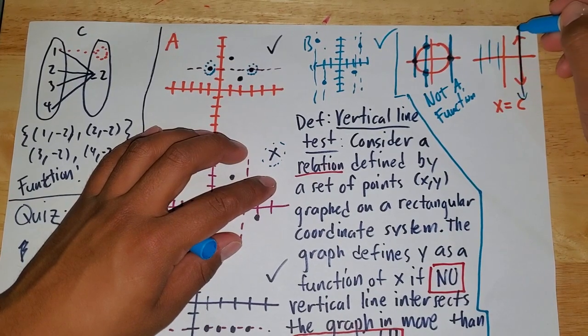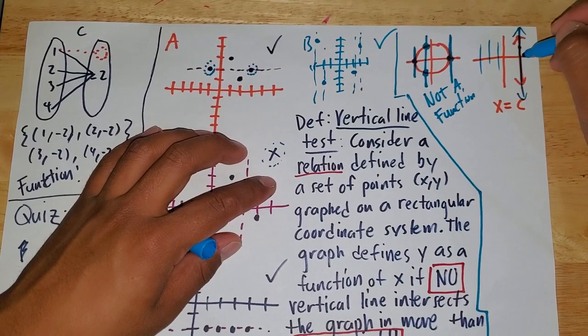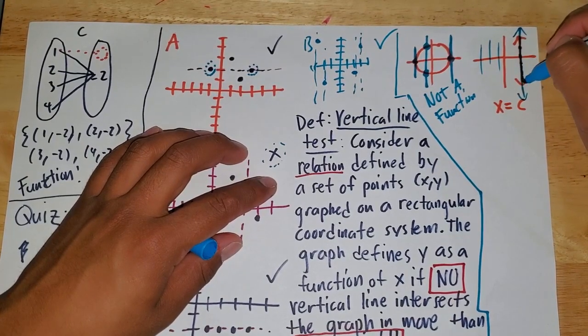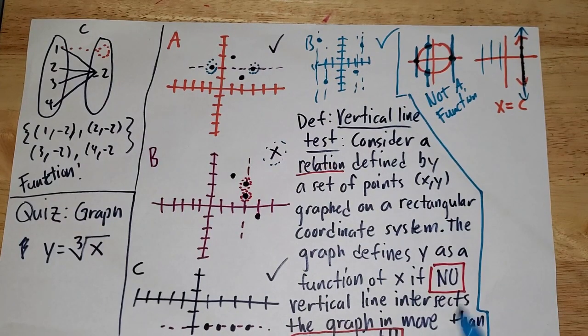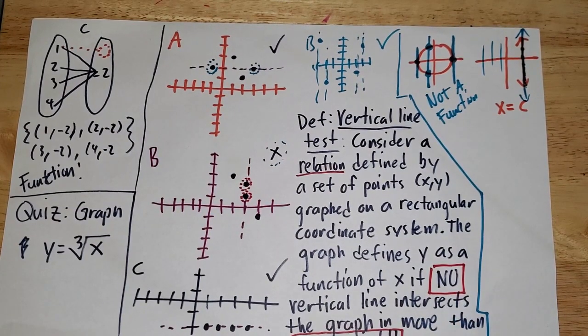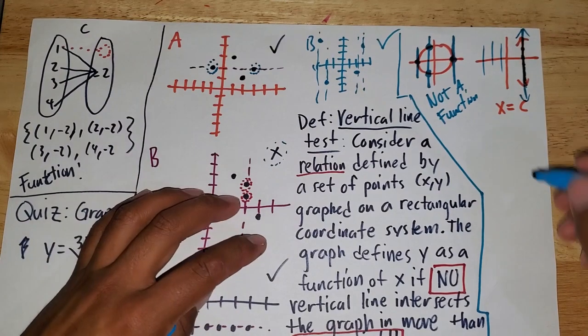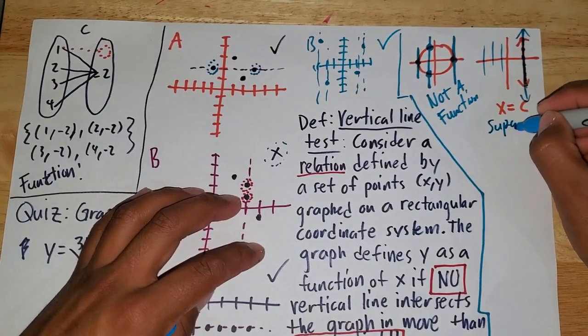And how many times am I intersecting this graph? Here's 1, 2, 3, 4, 5, 6. I'm actually going to intersect this one an infinite amount of times. The definition says as soon as it intersects more than once, it's not a function. This one intersects an infinite amount of times. Hence, this is like super not a function.